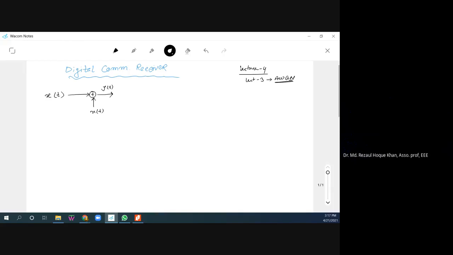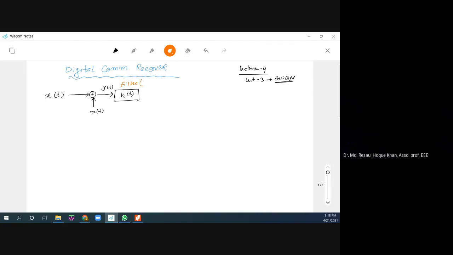The received signal y(t) would go through a filter having an impulse response h(t).